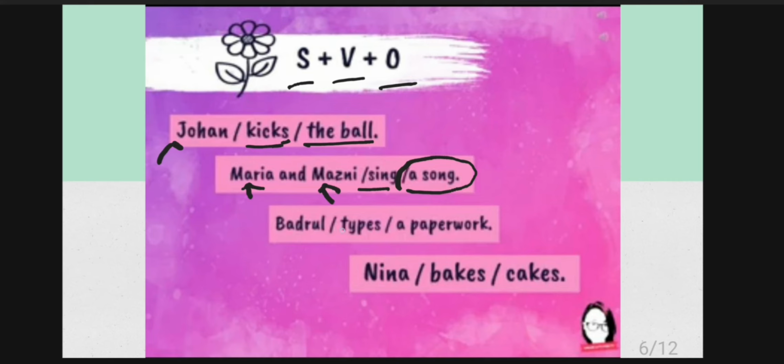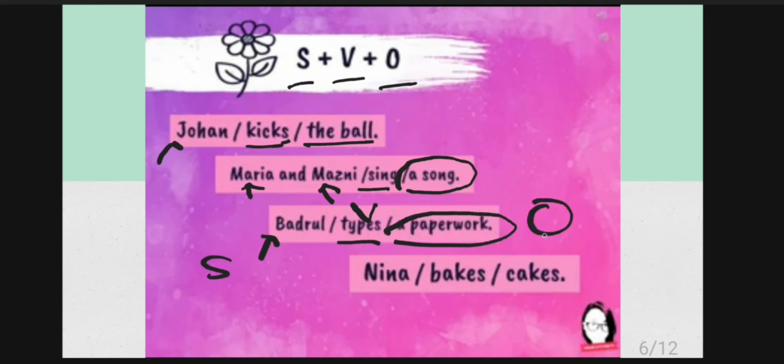Next example, Badrul types a paperwork. Badrul is subject. Types is like an action, perbuatan. Typing, verb. A paperwork is the object. So Badrul types a paperwork.